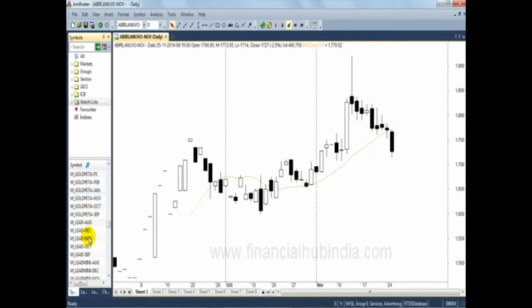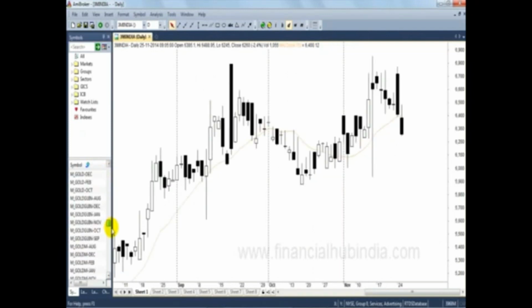We have gold, lead, menthol, natural gas, silver and all. You can also add currencies here, but I'm not trading Indian currency pairs, so I've not subscribed for that. If you are a currency trader, you can add that package, and then you can see the currency pairs in here also.